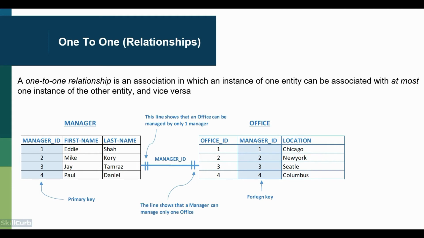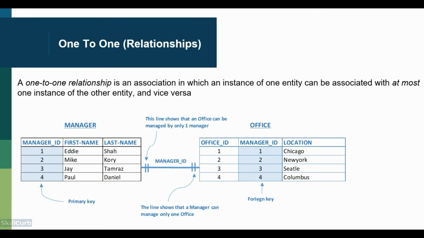A citizen can only have one social security, and a social security can only be related to one citizen. So hopefully that clears that up as far as the relationship setting. So it's a one-to-one. In this case, a manager manages one office, and an office can only be managed by one manager.